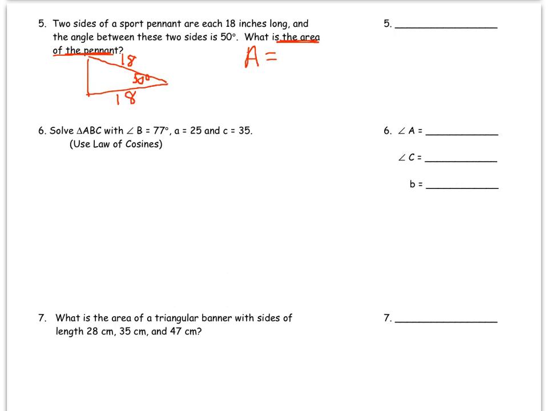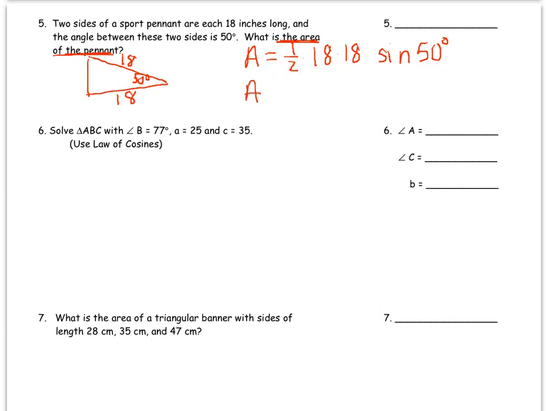That's 1/2 times my two sides times the sine of my angle. So my area is going to equal 1/2 times my two sides, so times 18 times the sine of 50 degrees. And again, I knew this because when I drew my picture, this angle is between these two sides, so I know to use this formula right here.